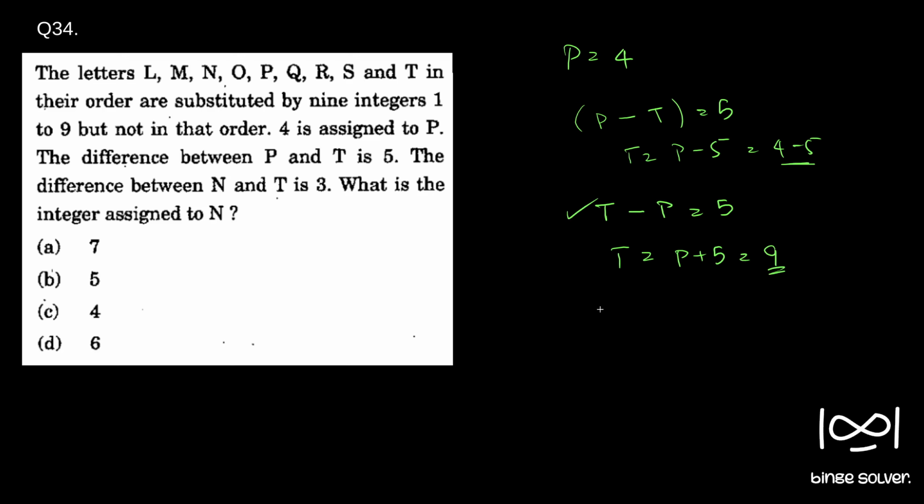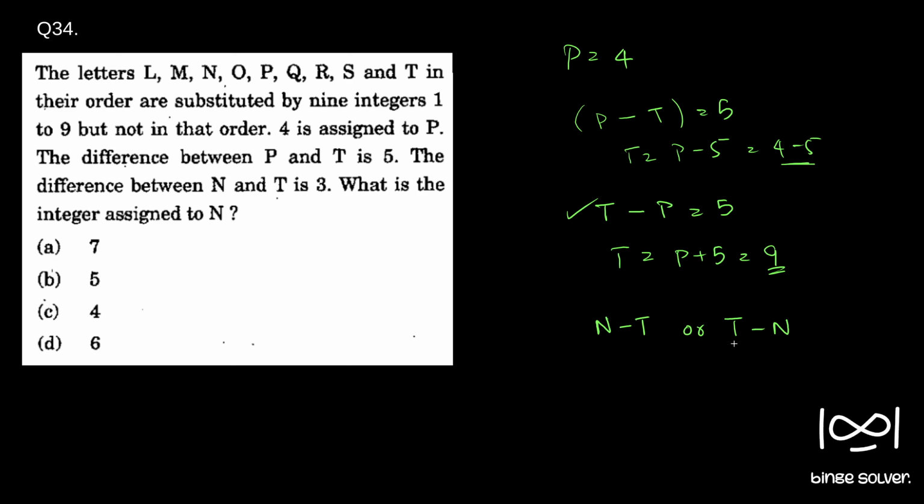The difference between N and T is 3. So it is N minus T or T minus N. If you take N minus T, since T is the larger number, N minus T will give a negative result. So N minus T cannot be the case.